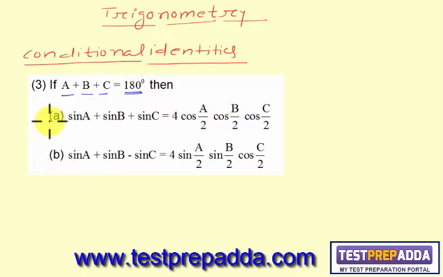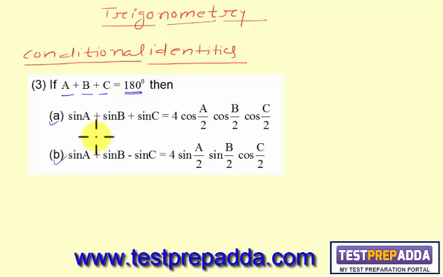The first identity here is given as sin A plus sin B plus sin C is equal to 4 cos A by 2 into cos B by 2 into cos C by 2. The second identity here is sin A plus sin B minus sin C is equal to 4 sin A by 2 into sin B by 2 into cos C by 2.